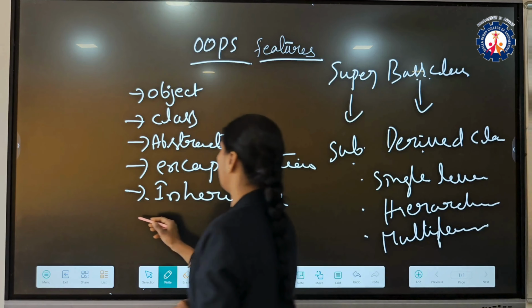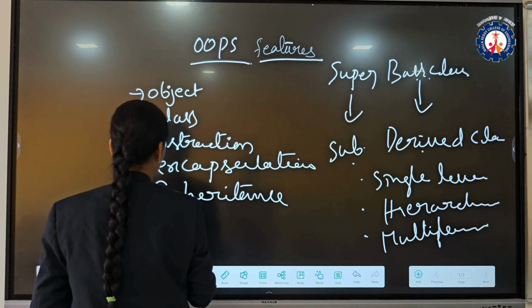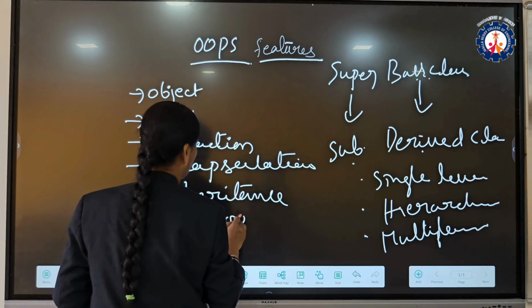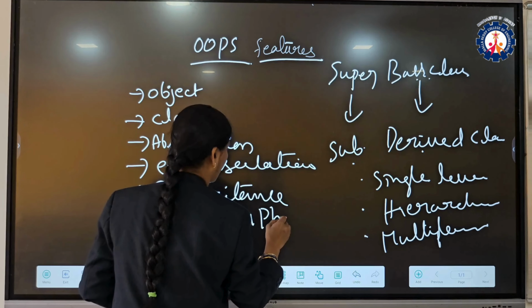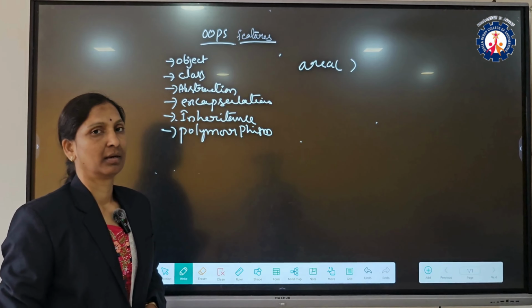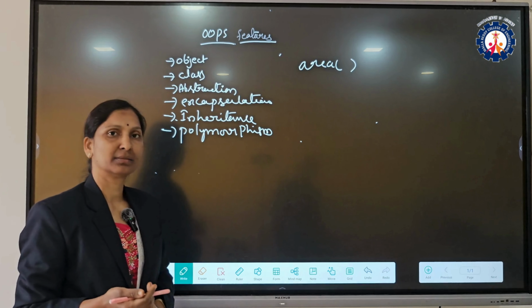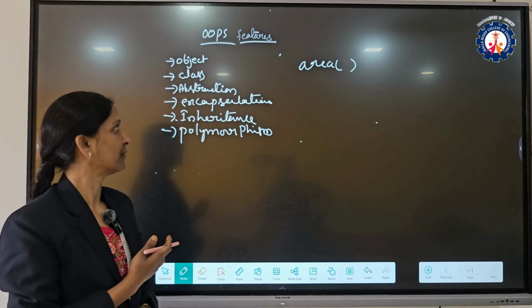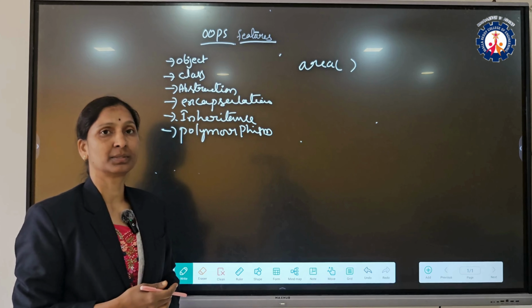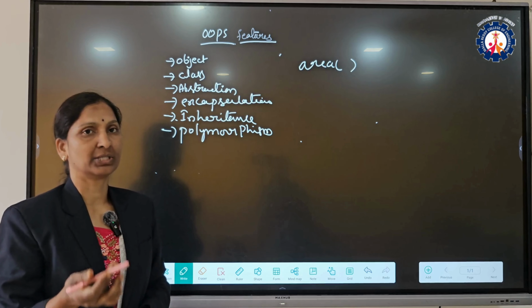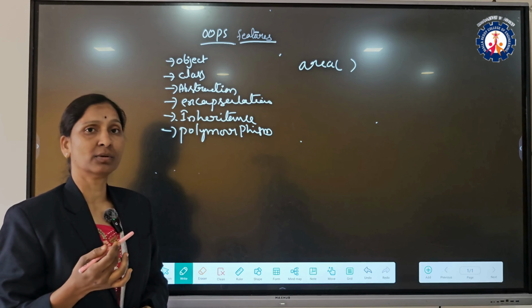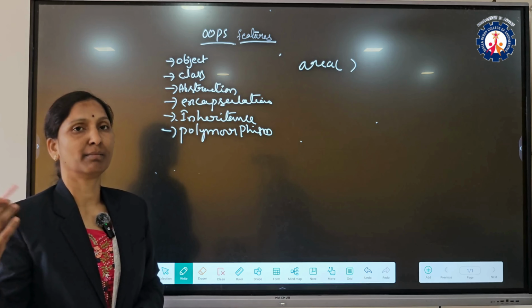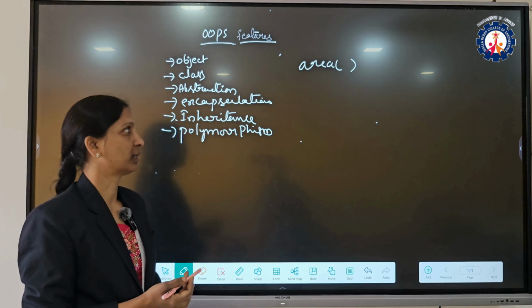And coming to polymorphism. Poly means many, morph means forms, so many forms. It is one of the features of OOPS concepts. In polymorphism, we use the same method name to perform multiple tasks.